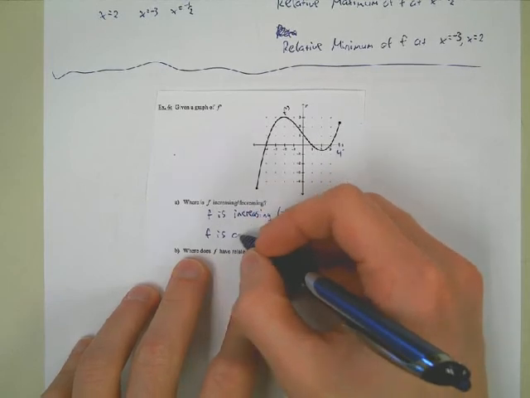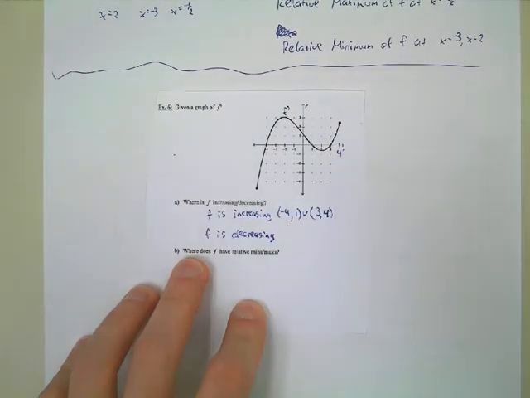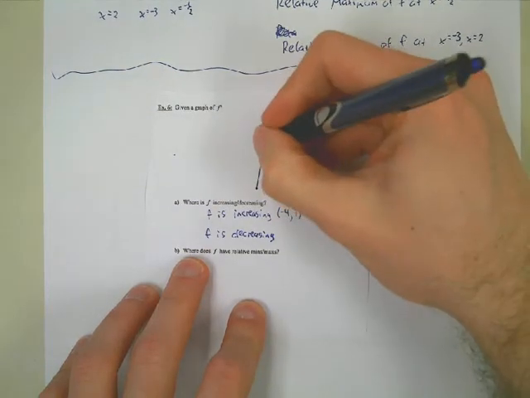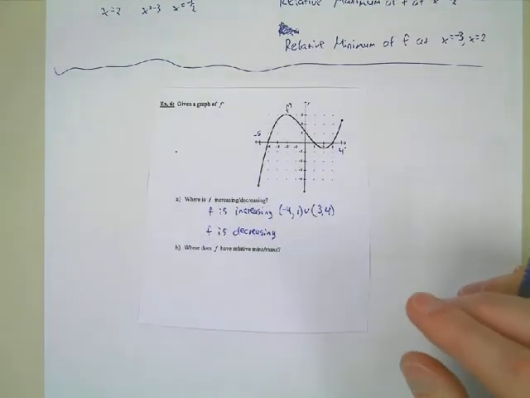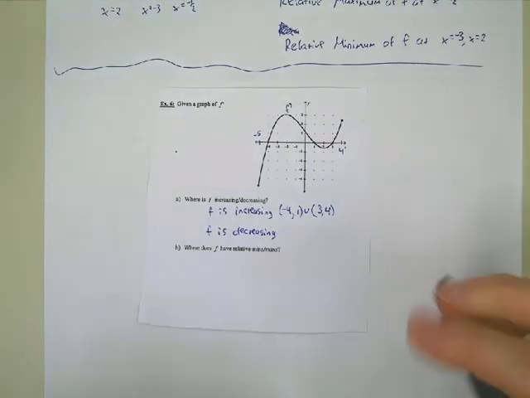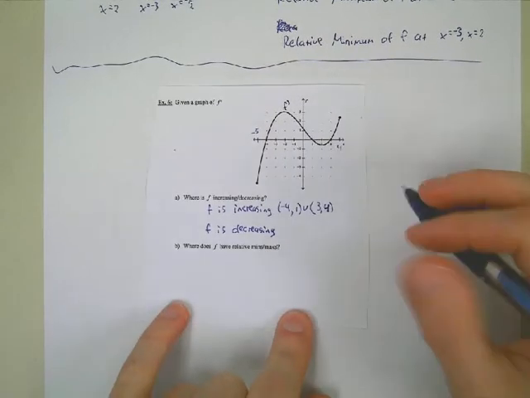So now, how do you know when F is decreasing? F is decreasing when F prime is what? Negative. Where in my picture here is the graph of F prime negative? From what to what? -5 to -4. Union, yeah, 1 to 3.